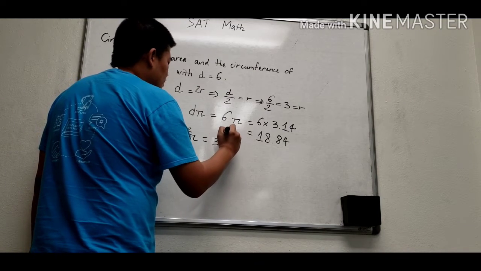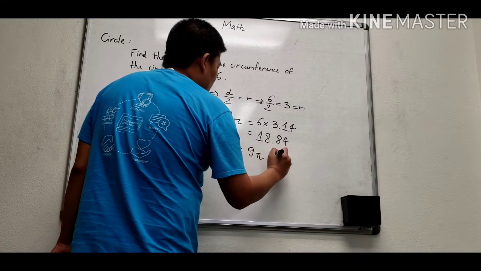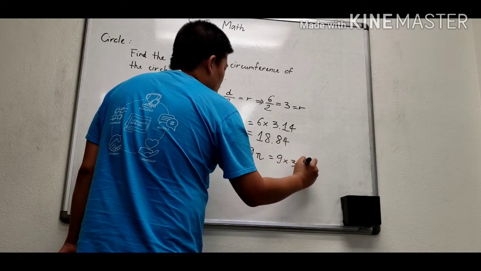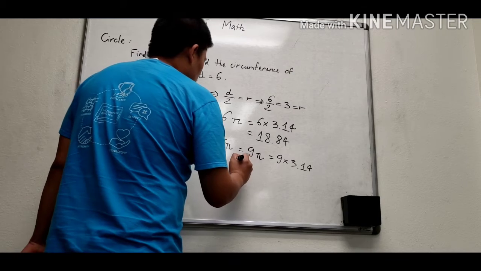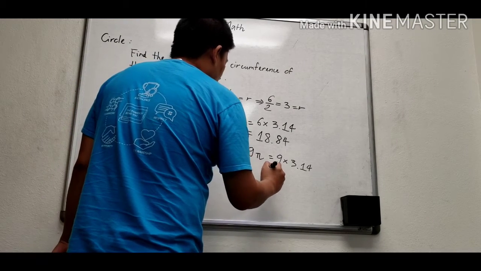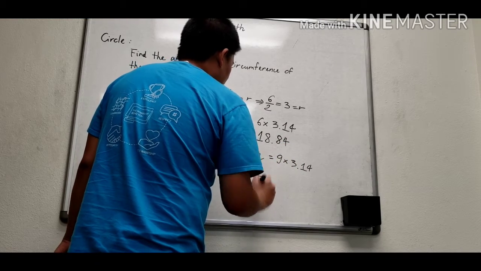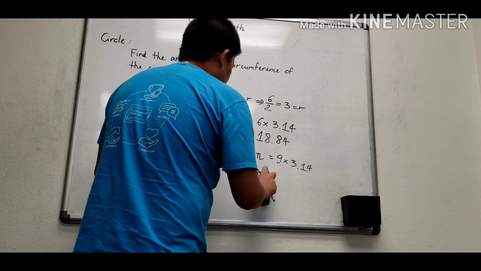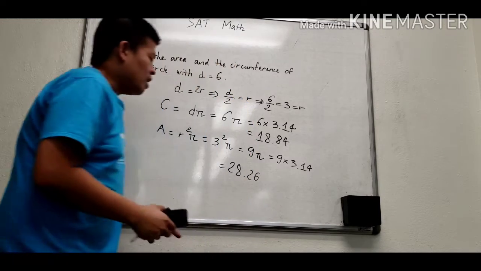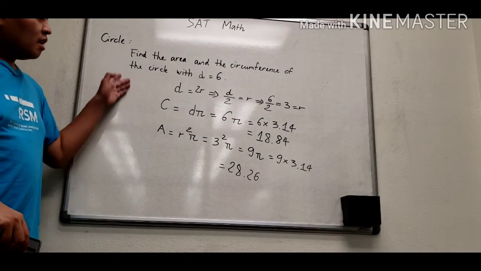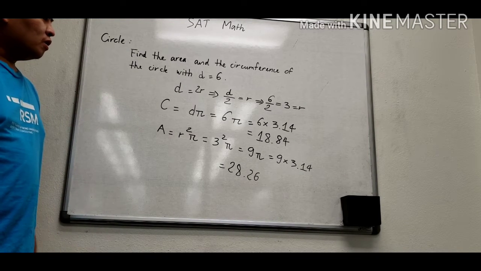So we get 3 power 2 multiplied by pi, which is 9 pi, and 9 multiplied by 3.14 gives you 28.26. Yes, this is why we need to do it step by step to find the solution here.